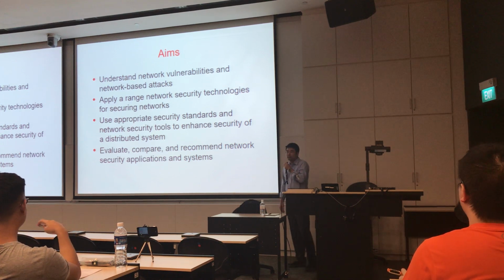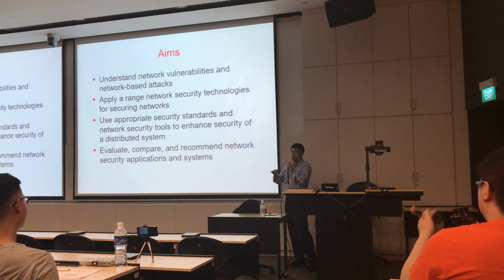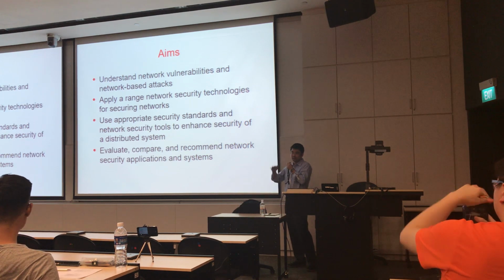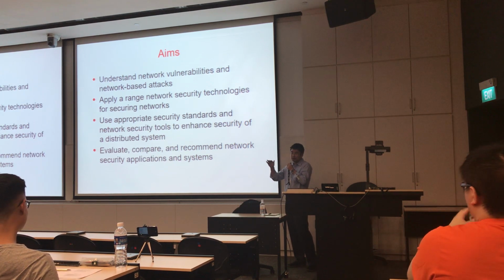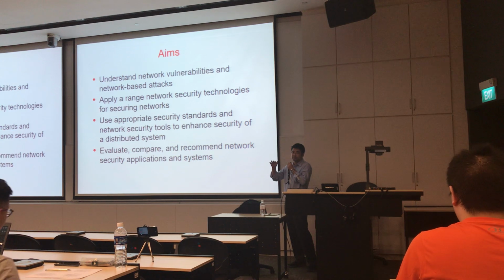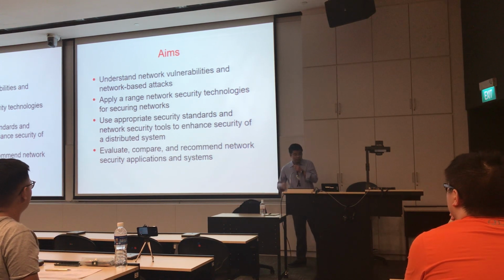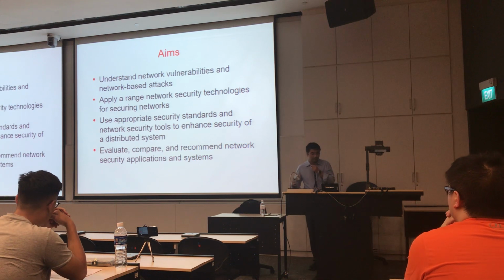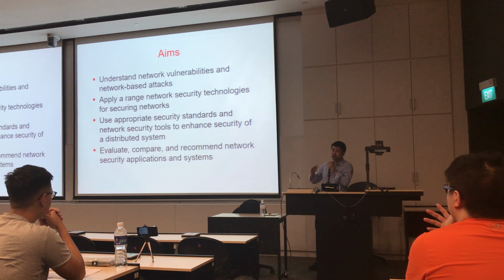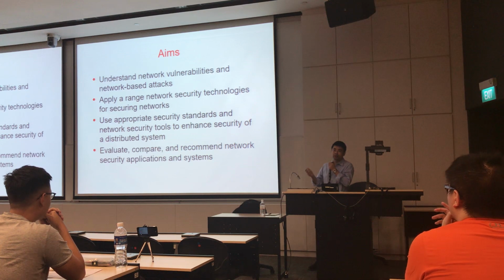We will study a range of standards from the top layer to the bottom layer of the TCP/IP stack. As I said, we have different standards or mechanisms for different layers in a computer network architecture. Then you may ask, why do we need so many standards? Why can't we simply use one of them?